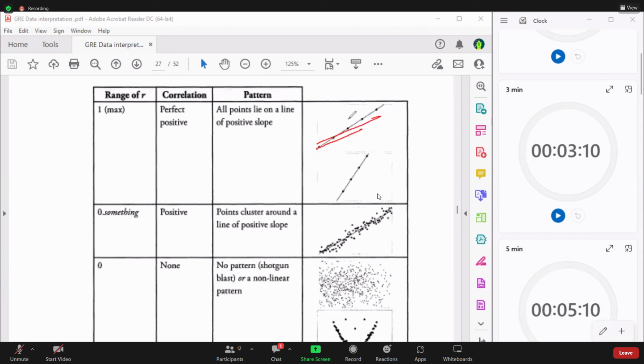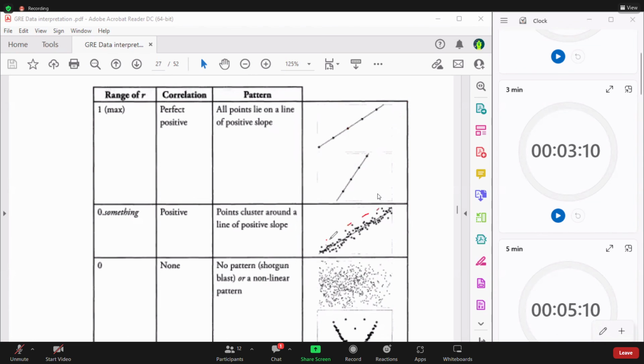We have learned this in geometry, that this is a positive slope, so the correlation would be positive here. If the slope is like this in one straight line, then the range would be 1. That means if A increases, B increases as well.